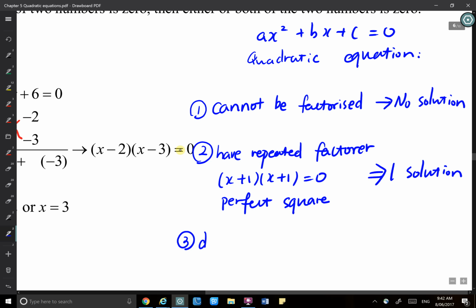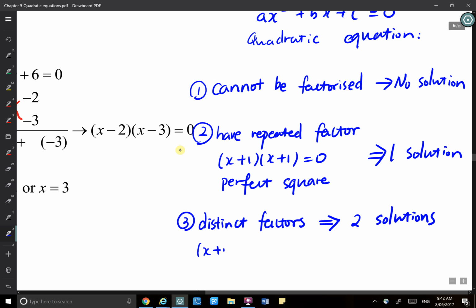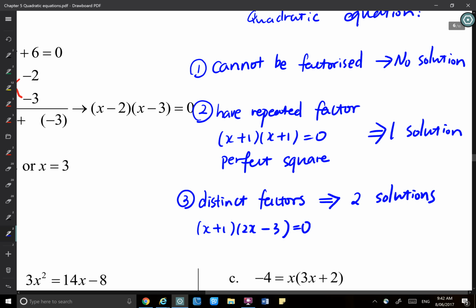Number 3, if there are distinct factors, that will give you 2 solutions. So for example, x plus 1, 2x minus 3, like that. You will have two distinct factors and you have 2 solutions in this case.